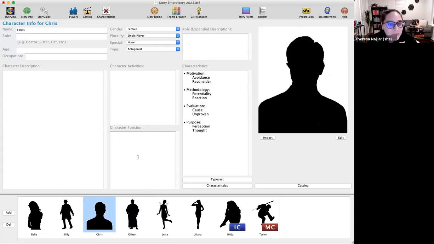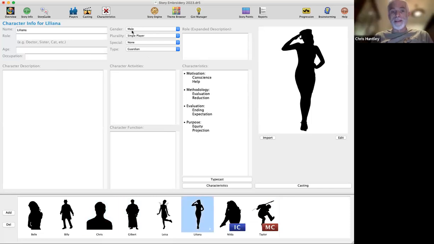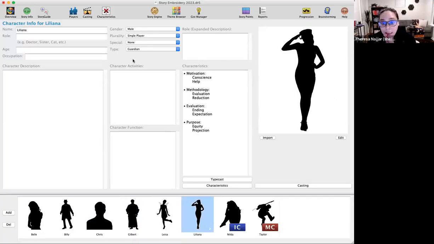Sorry, and let me see Liliana. All right. And this is the male guardian. So Liliana as our guardian is actually quite the senior citizen. Liliana is actually 92 years old. He's retired, and he has just been diagnosed with a terminal illness.